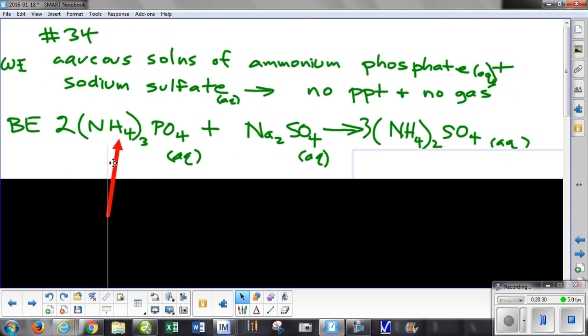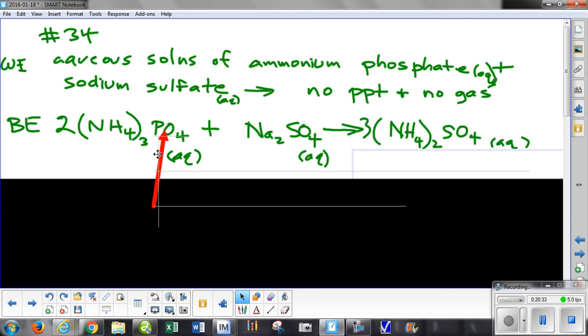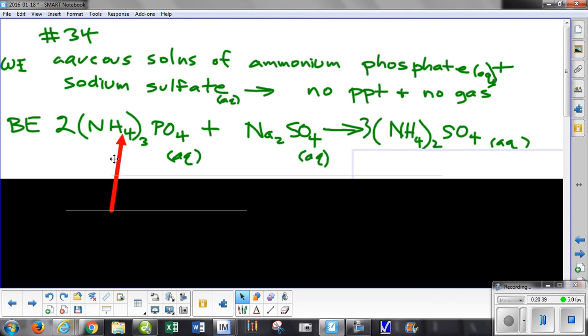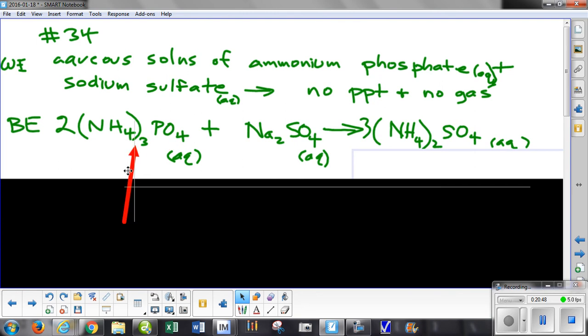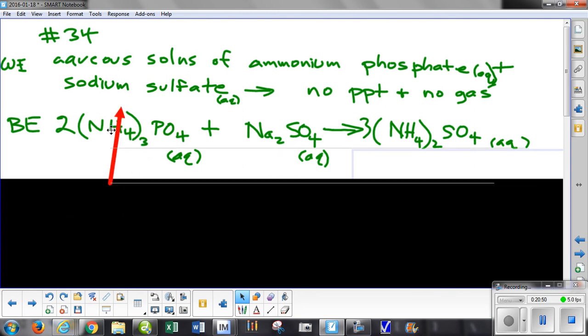So I know that I have ammonium phosphate. Phosphate, if you look on your chart, is a 3 minus. Ammonium, if you look on your chart, is what, class? 1 plus. And so that's why we need 3 of these. Ammonium carries a 1 plus charge, which means we have only 1 phosphate, and phosphate is a 3 minus charge, which means we need 3 ammoniums.